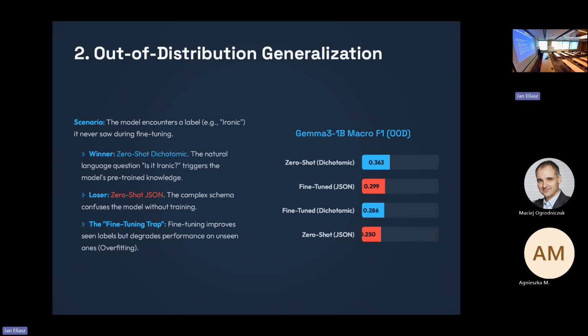If we train on some subset of the labels and we test on another label that the model didn't see during training, then we get a phenomenon that is called catastrophic forgetting. So the model just loses the ability that it had before our fine-tuning.